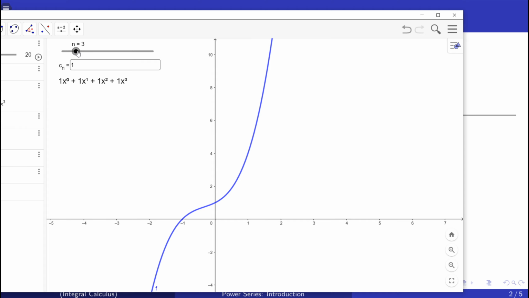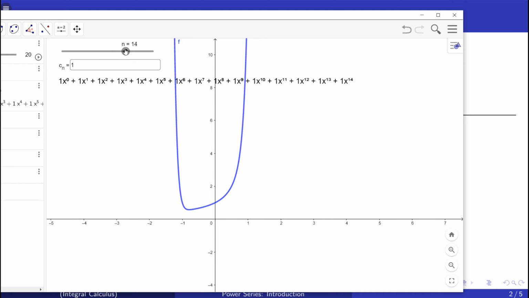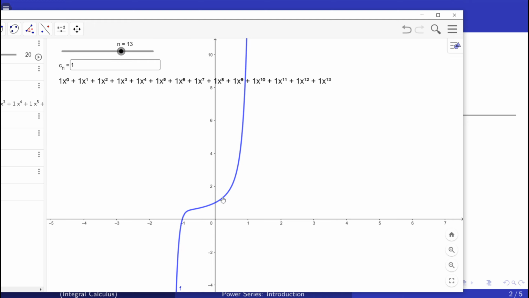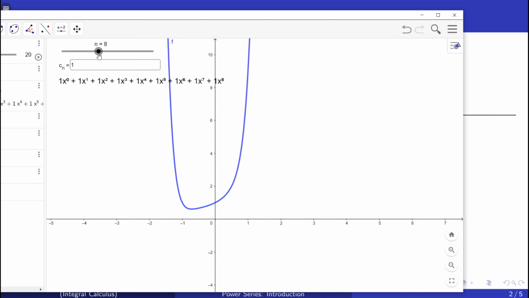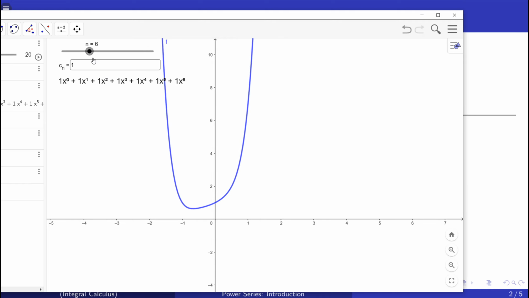N equals 4, 5, 6, and what's happening here? You see that as I increase n here, the terms in the middle, in between -1 and 1, seem to stop moving. And in fact, the closer you are to 0, the faster you stop moving.